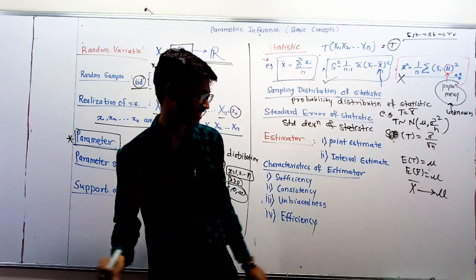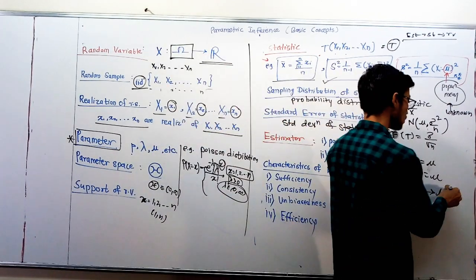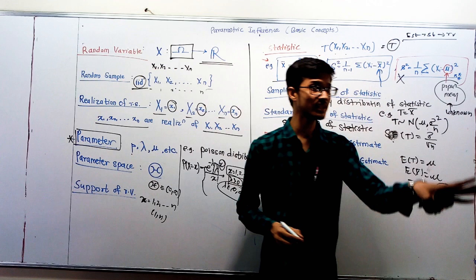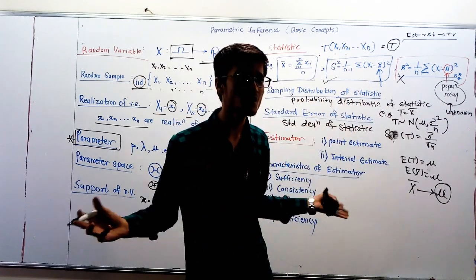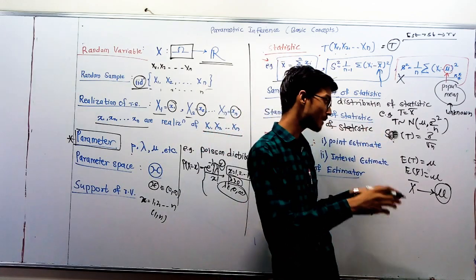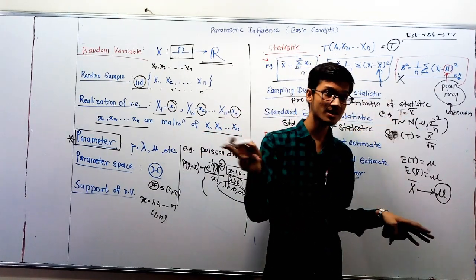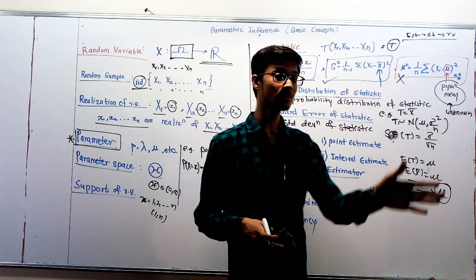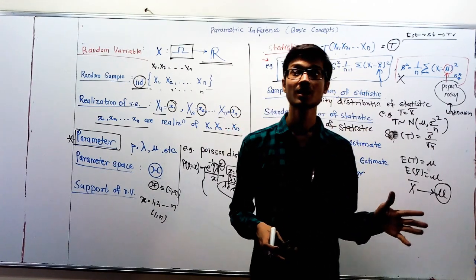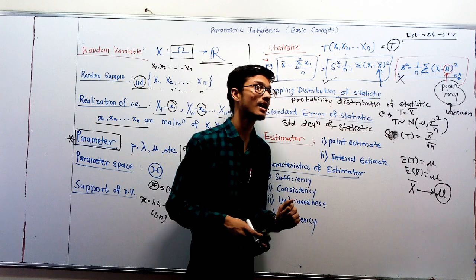Okay, see, we have to estimate. We don't know the population mean of the height of the students of this class. Therefore, we are taking a sample of 10 students, and we find the height of each student, and find the mean of that height.